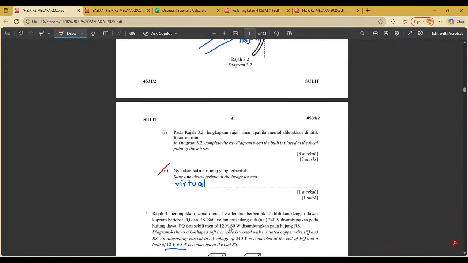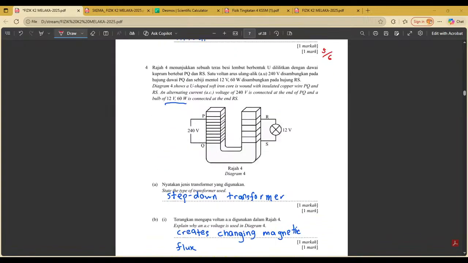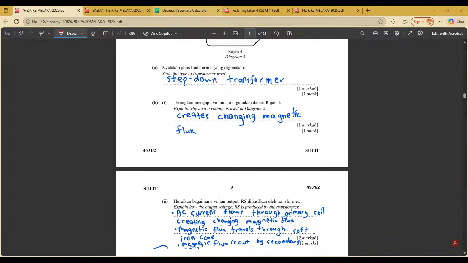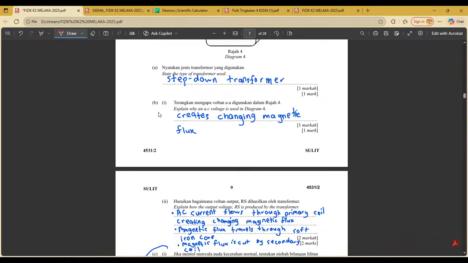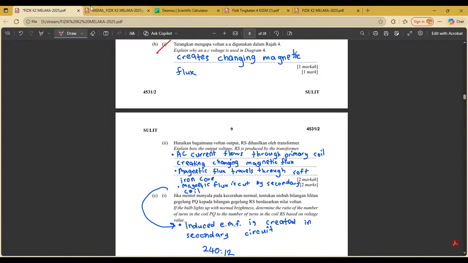I'll give myself 5 out of 6. Light convergence. Okay.